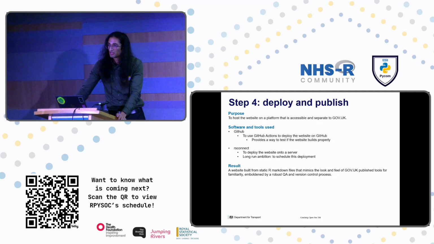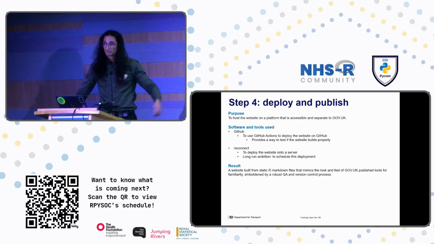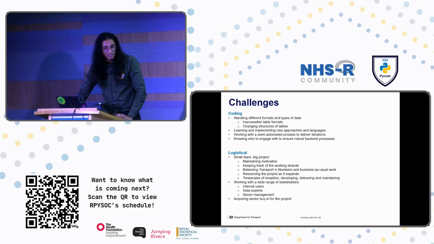So ensuring that, one, the website actually builds, two, all the functionality is there, and three, it allows us to QA the actual content. And that final step, to get it out to colleagues in the department, we published the website via RS Connect.